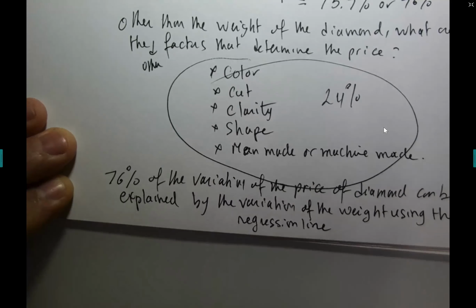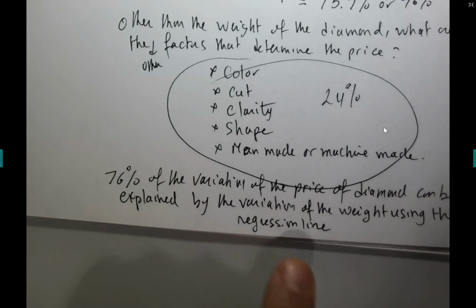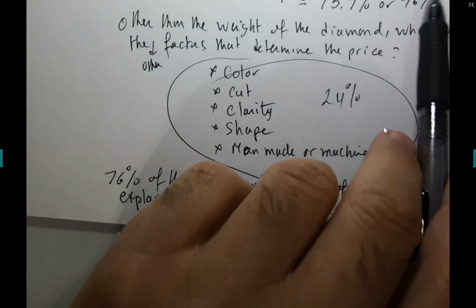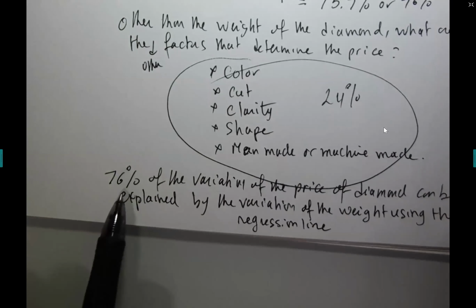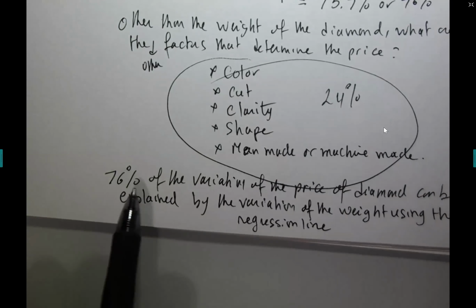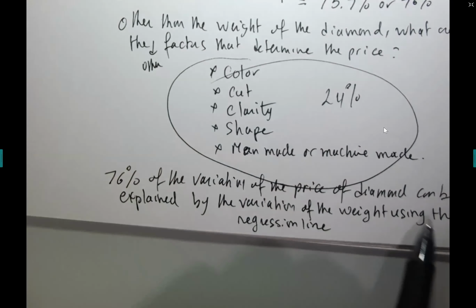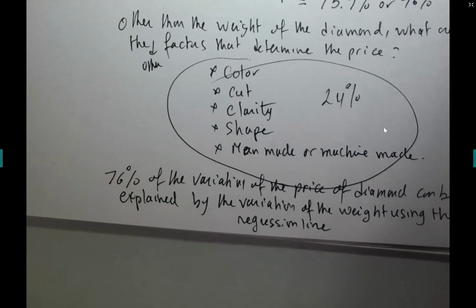That's how you state the meaning of R squared. You get R squared, you get the percentage, and you can say 76% of the variation of the Y variable can be explained by the variation of the X variable.